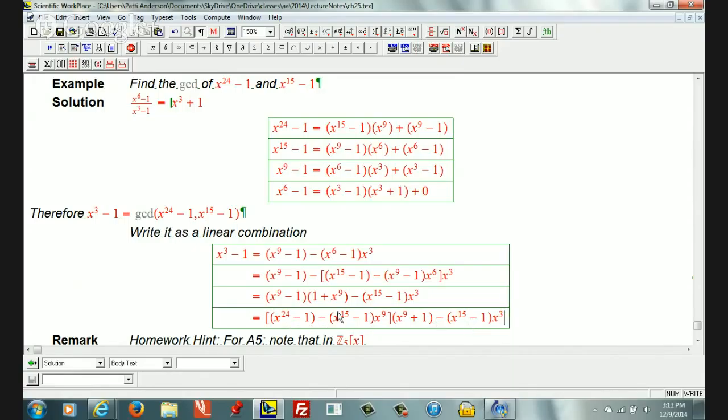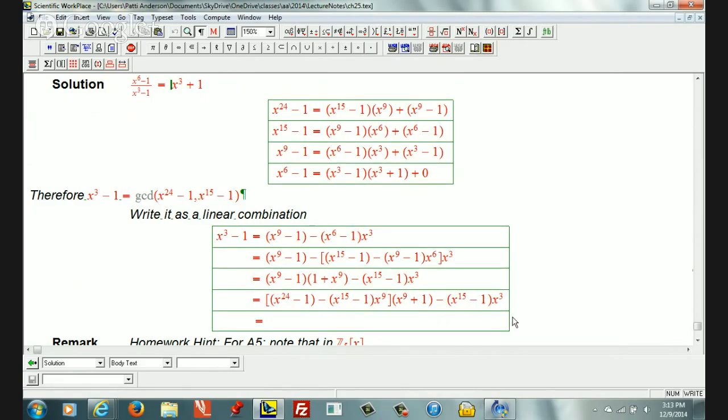Now, this has x to the 15th in it, so we have to combine it with that one. And then we'll be done. So we have x to the 24th minus 1 times this x to the 9th plus 1. Right? It's just that times that.